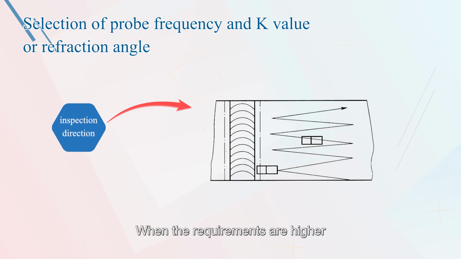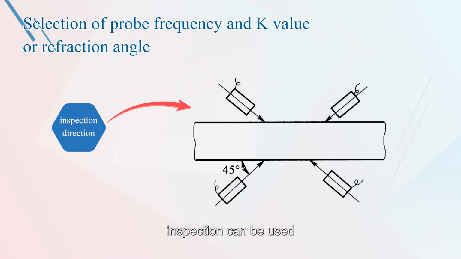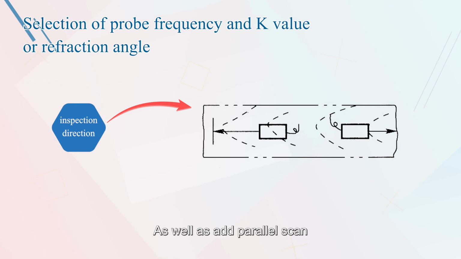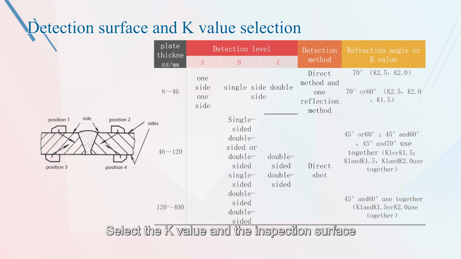When the requirements are higher, two-angle single-sided or double-sided single-direction inspection can be used, and tandem scanning can be added. It is also possible to request the reinforcement height to be smoothed, as well as add parallel scan and oblique parallel scan. Select the K value and the inspection surface according to the table in the standard.